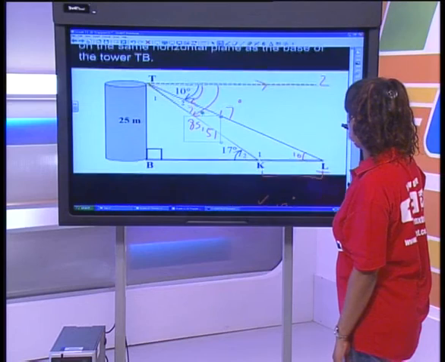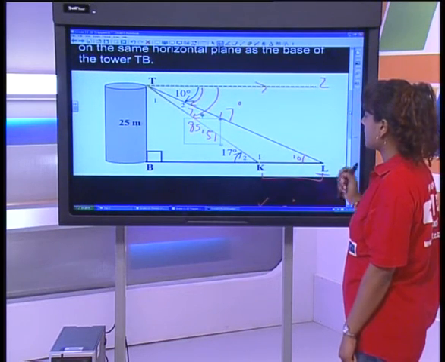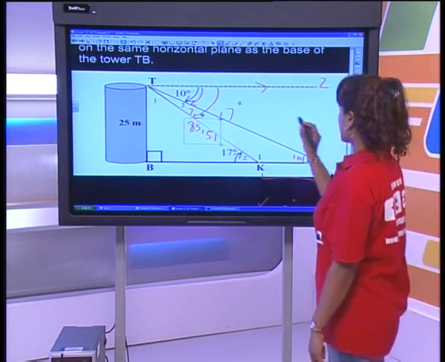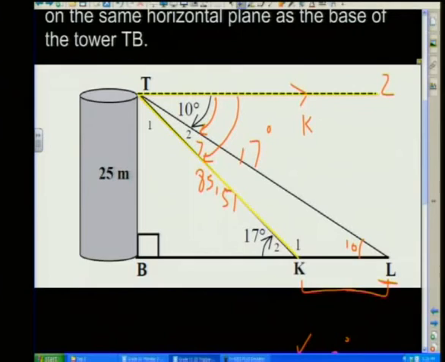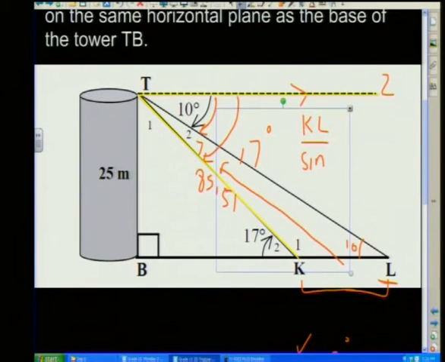I'm just going to put the working on the diagram so you can see it clearly. We're looking for KL, so I'm going to start with KL. It's going to be KL over sine of the angle that's opposite that side. So KL over sine of 7 degrees is equal to TK over sine of 10 degrees.